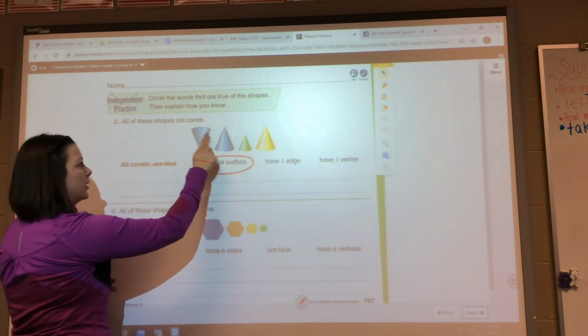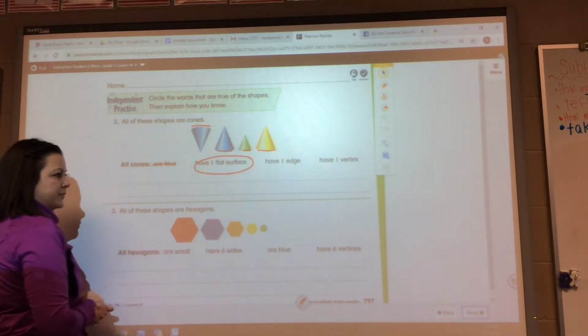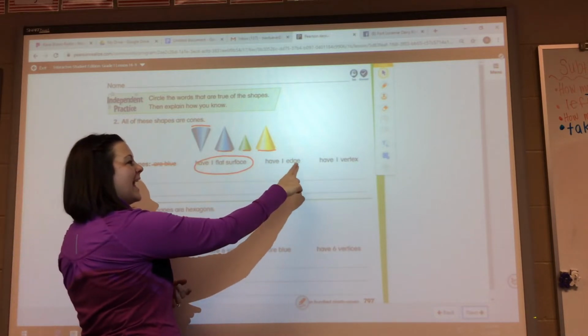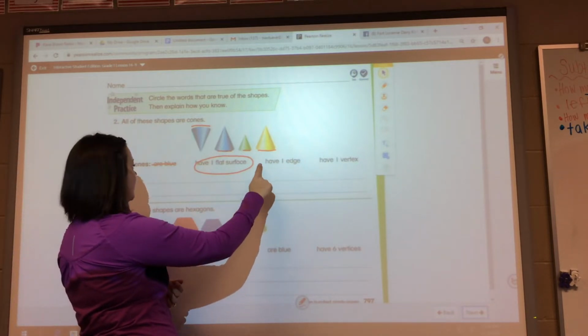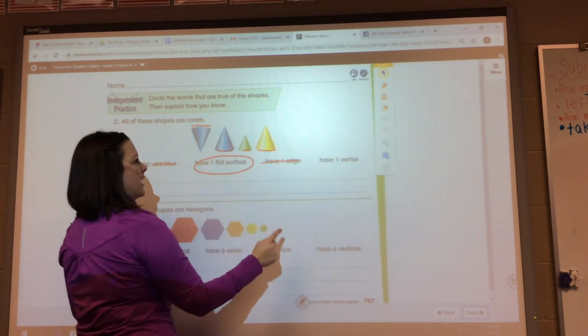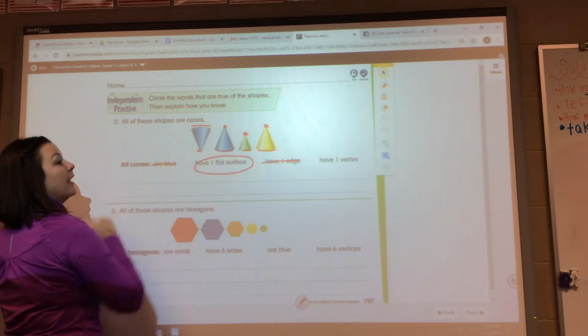Yes. If you remember, the flat surface on all of these is why it is a cone. They have one edge. No. And they have one vertex, one point. Yes.